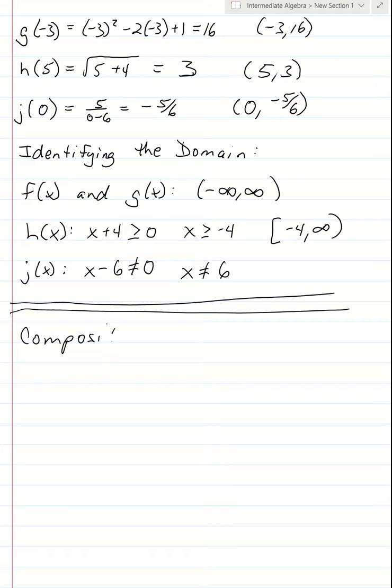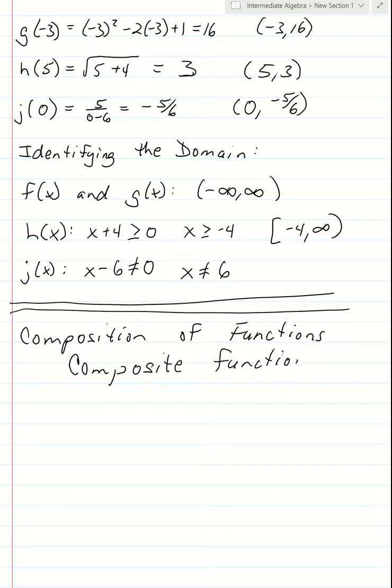So we have the composition of functions. Sometimes it's also called composite functions. And basically, what you're going to be dealing with here is more than one function, multiple functions. Okay?